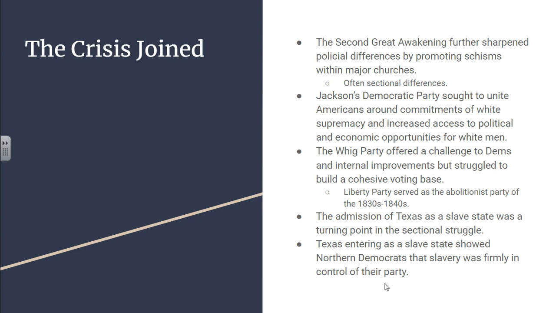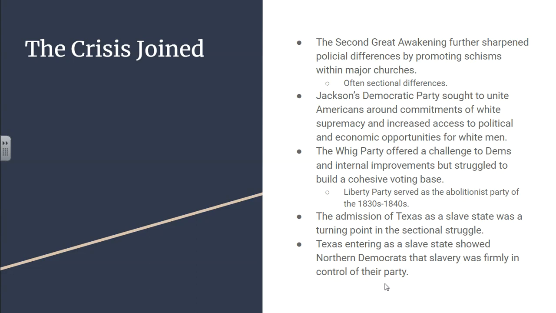Texas and the admission of Texas as a slave state is a major turning point in the sectionalist crisis. When Texas enters the Union as a slave state, really with the push of Polk, a Democratic president, and the war that was created, in a sense, basically to bring Texas into the fold, it's pretty clear to Northern Democrats that their political party is the party of slavery.